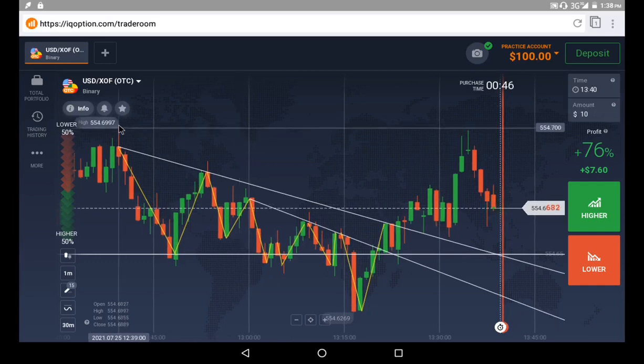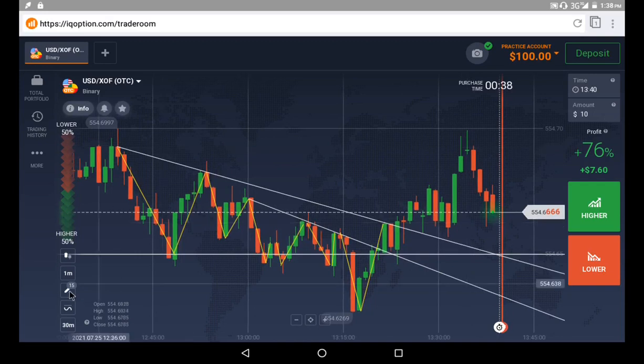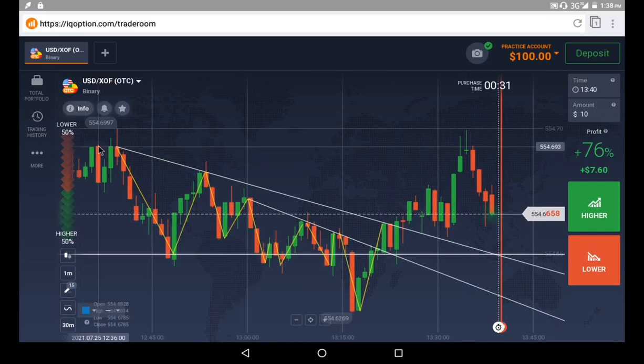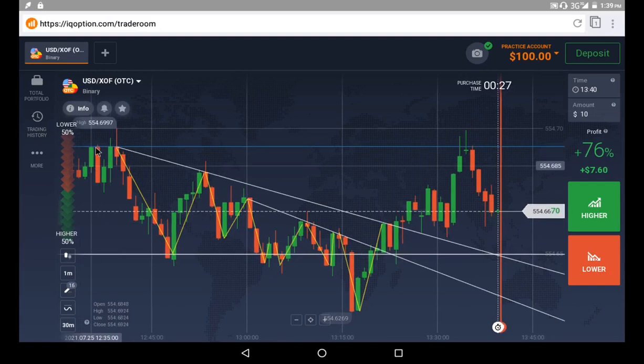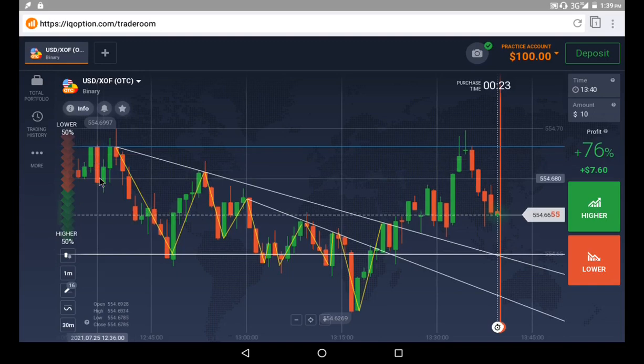Like you can see here, this is a resistance, and then when the buyers again try to reach this level, you see the market again reverse, because look at the previous reversal. Look at what is happening here. For the first time, we saw a strong buyers entry in the market.